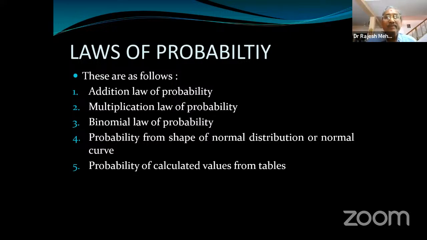In the binomial law of probability, the result will be based on whether yes or no, or P or Q. Only two things are possible. At that time, we will have a binomial law: the probability of P occurring or Q occurring, or how many of P, how many of Q, that you can apply over here. Suppose you toss a coin one time, two times, three times, four times.